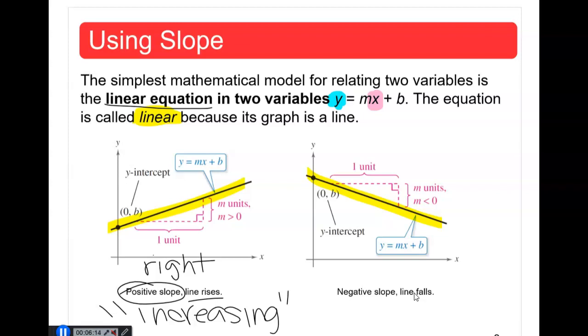Now, we always read graphs from left to right. So if we look at the other graph, you could see that the line is falling from left to right. So we could say the line falls, and that is because the line has a negative slope, or we may say it's leaning to the left.